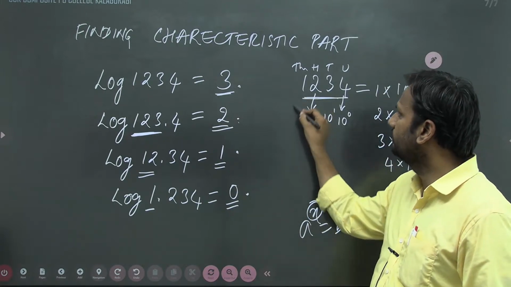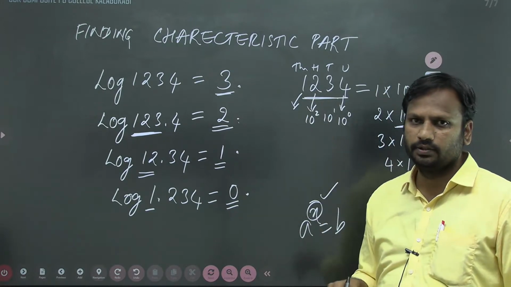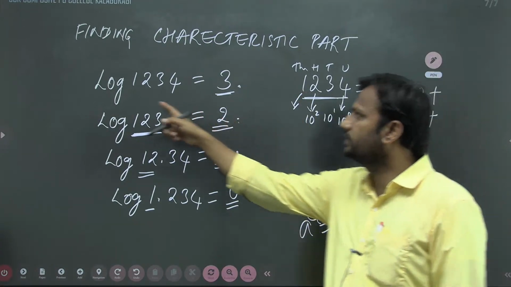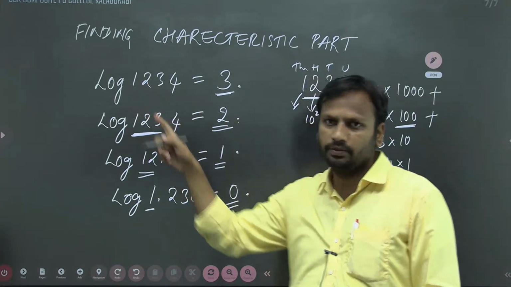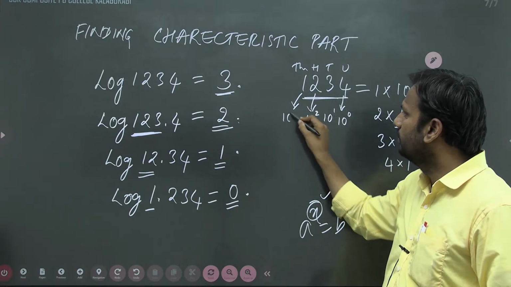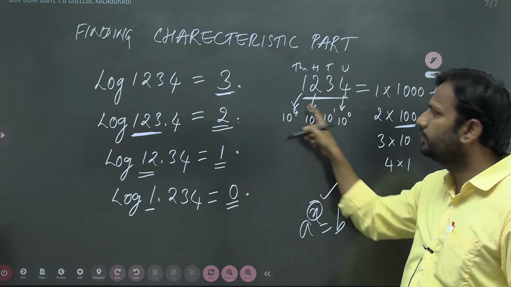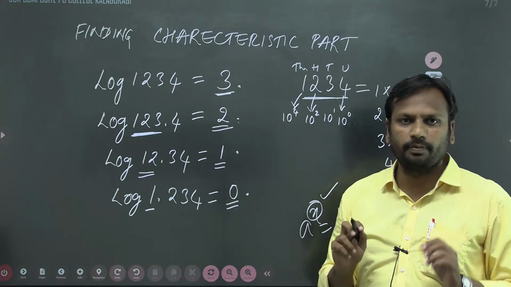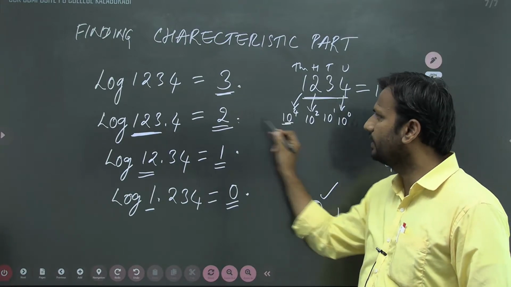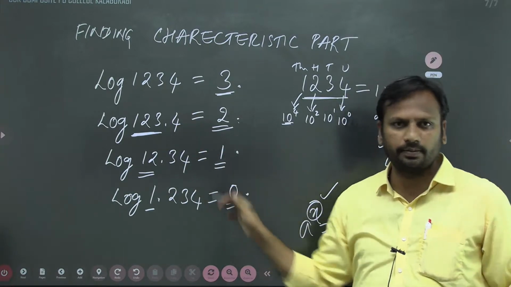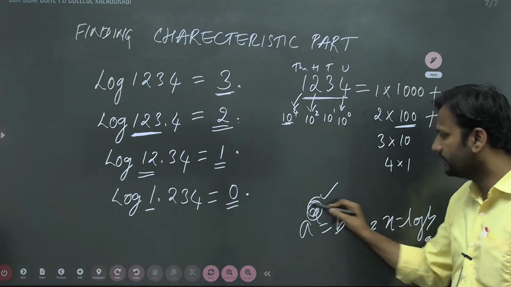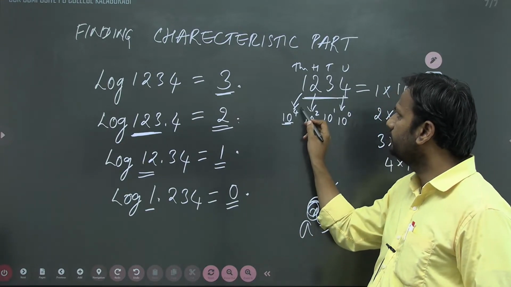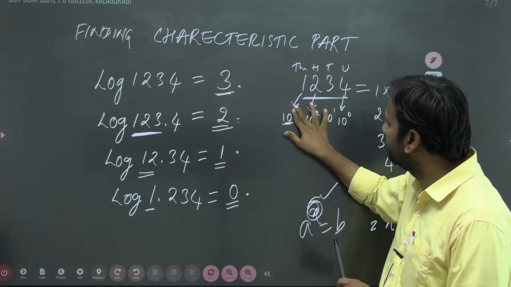Whereas this 1 here, students, is the first significant figure we should take here. So what is the first significant figure? 1. So see in what position it is. 10 to the power 4, right? Sorry, it's 10 to the power 3, students.